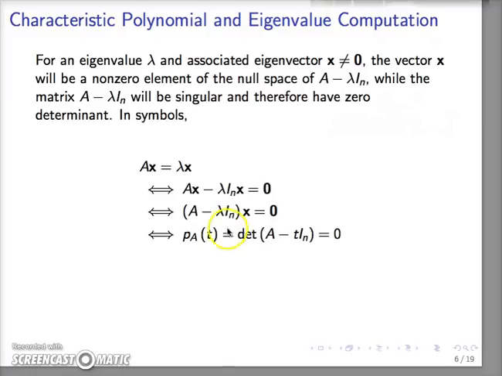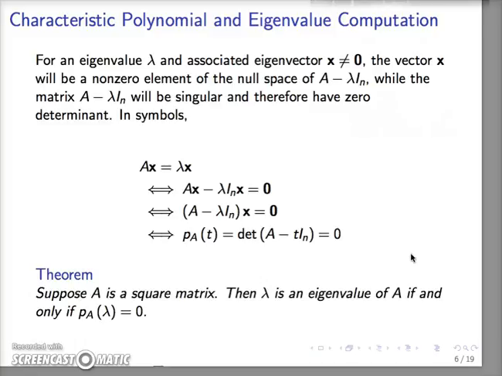Now think of A minus a scalar times I, and let's denote that scalar with the letter t. Think of the determinant of A minus tI equal to 0. This is the part where we're interested. These are the so-called roots of the polynomial in t, denoted p sub A of t. Roots are values at which that polynomial equals 0.